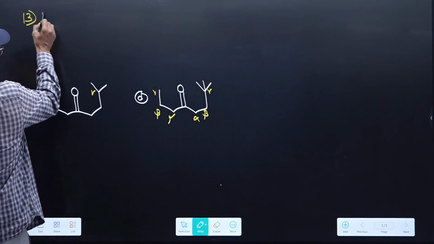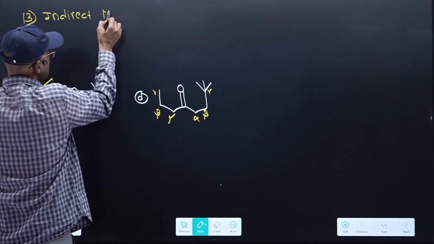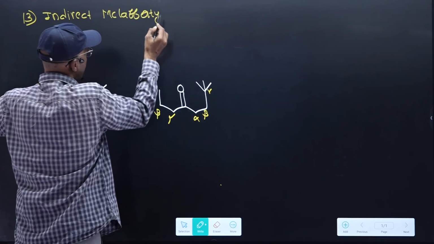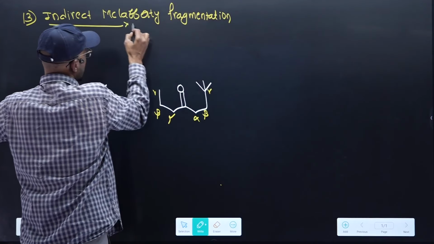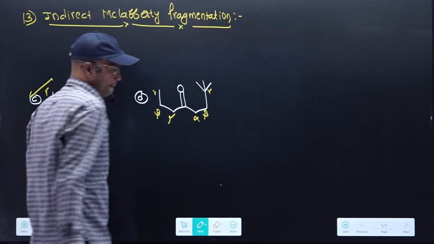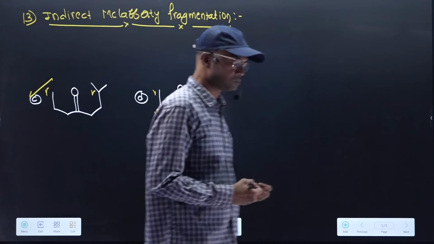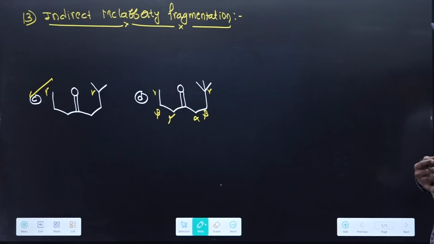Next, indirect McLafferty fragmentation. Now there will be a total of three types of McLafferty.